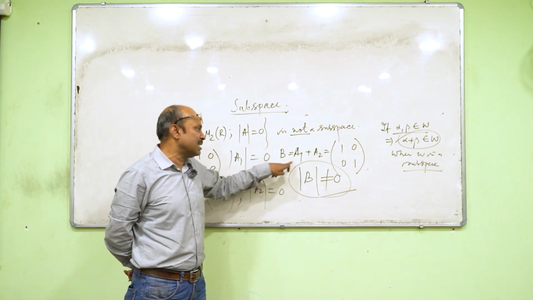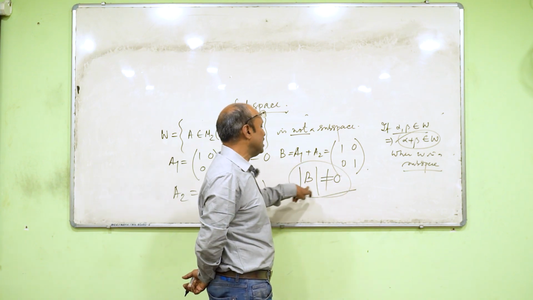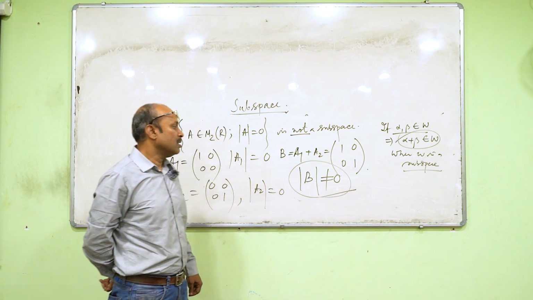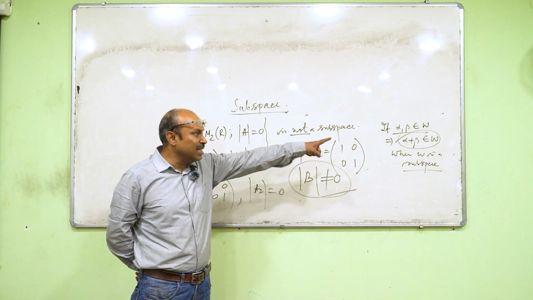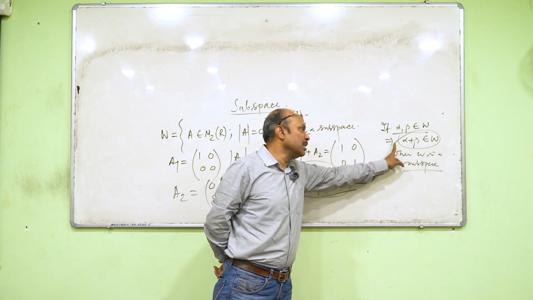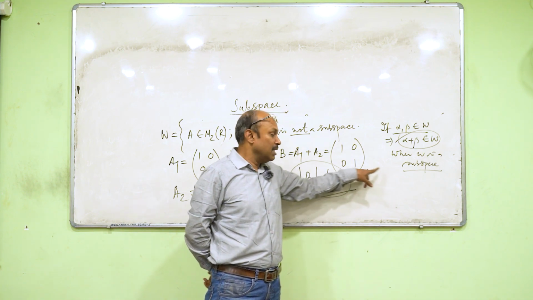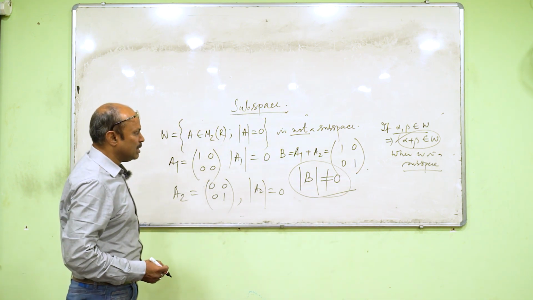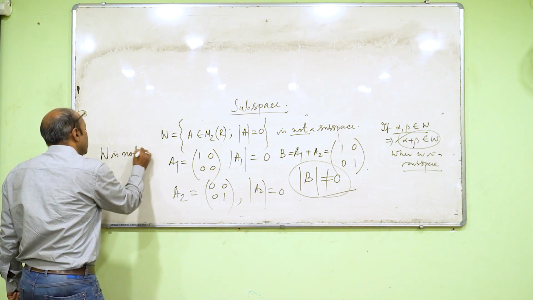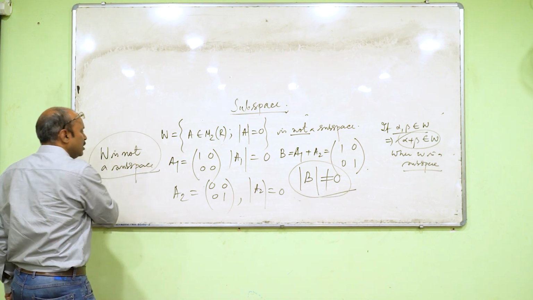But the sum of the two matrices, though of the same order, has a determinant not equal to 0. That means this basic condition, that if alpha, beta belong to W then alpha plus beta belongs to W, does not hold, and that is why we say that capital W is not a subspace.